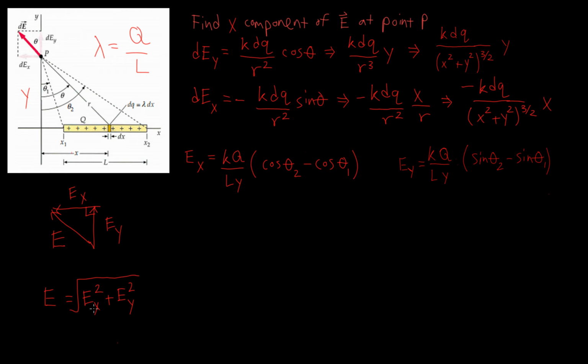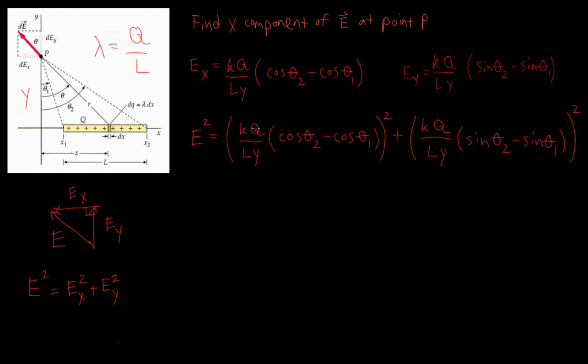We can plug in the electric field in the x direction right here and the electric field in the y direction right there, and get an expression for the total electric field at point P. We substituted in the electric field in the x direction and squared it because of the Pythagorean theorem, and we also squared the electric field in the y direction.